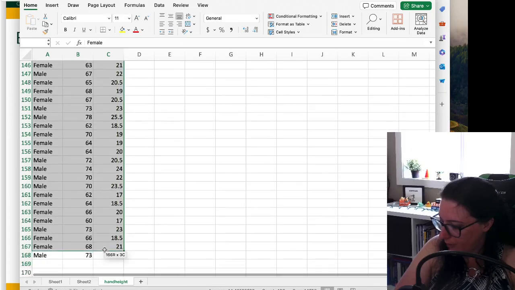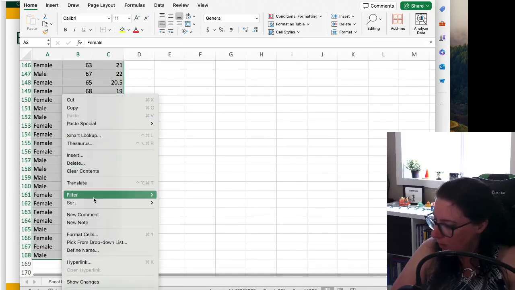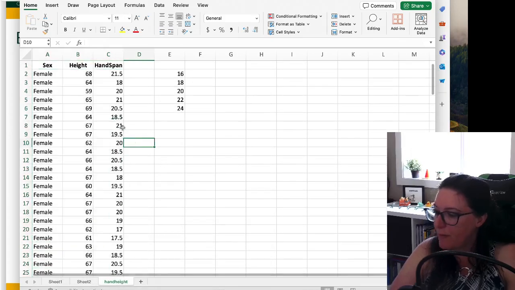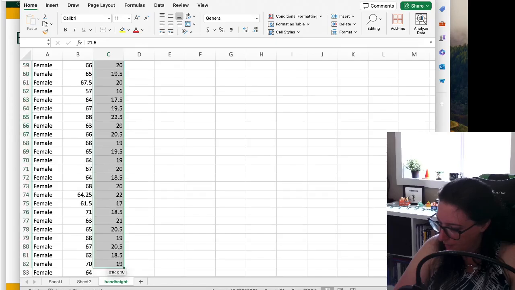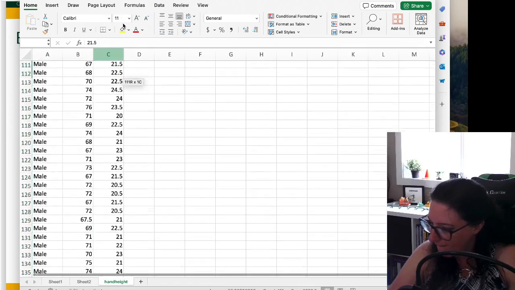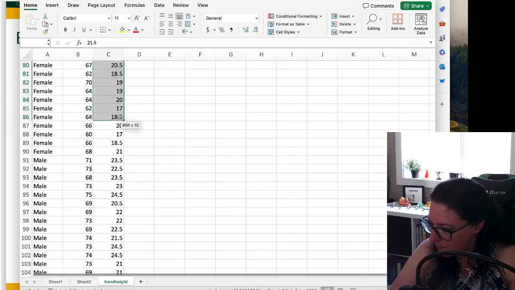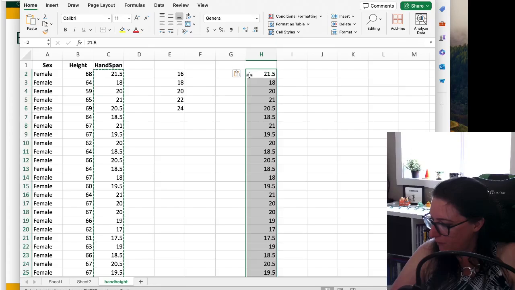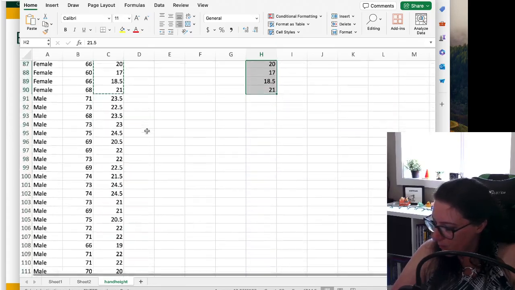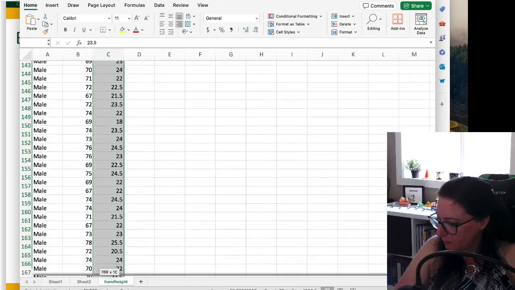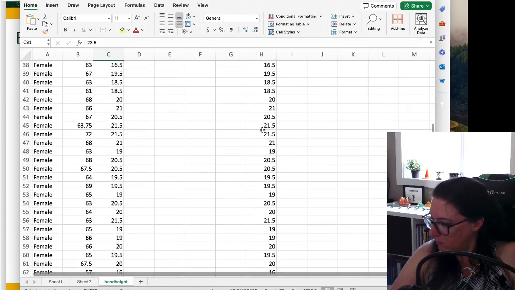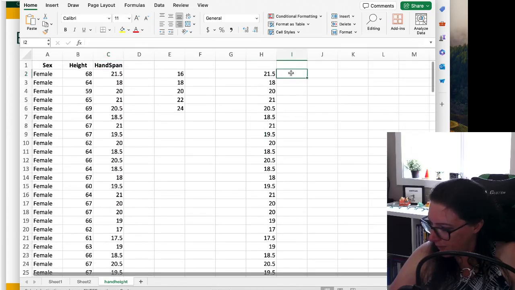Let's just do a quick sort here. So insert, sort. I'm going to sort female here. So let's take our hand spans for females. I'm just going to copy that. Here's female. And I'm going to take the one for male. Okay.